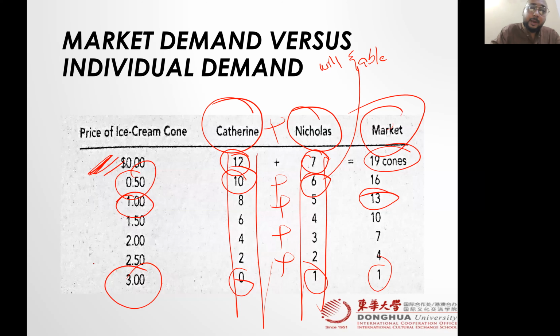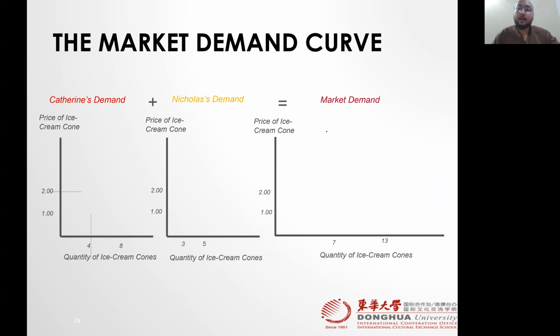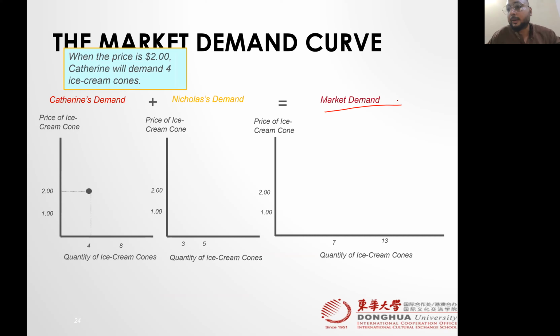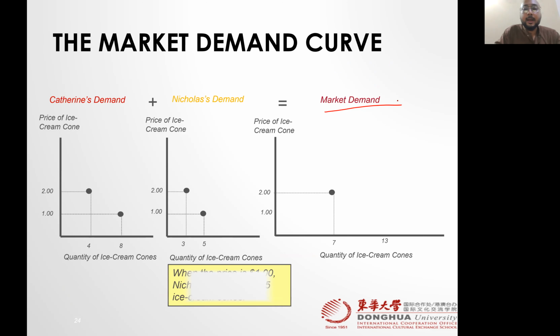So if we draw the price of the ice cream and the market quantity, that curve is called the market demand. If the market demand is at price 1, Catherine wants to buy 8 and Nicholas wants to buy 5, so the total market is 13.